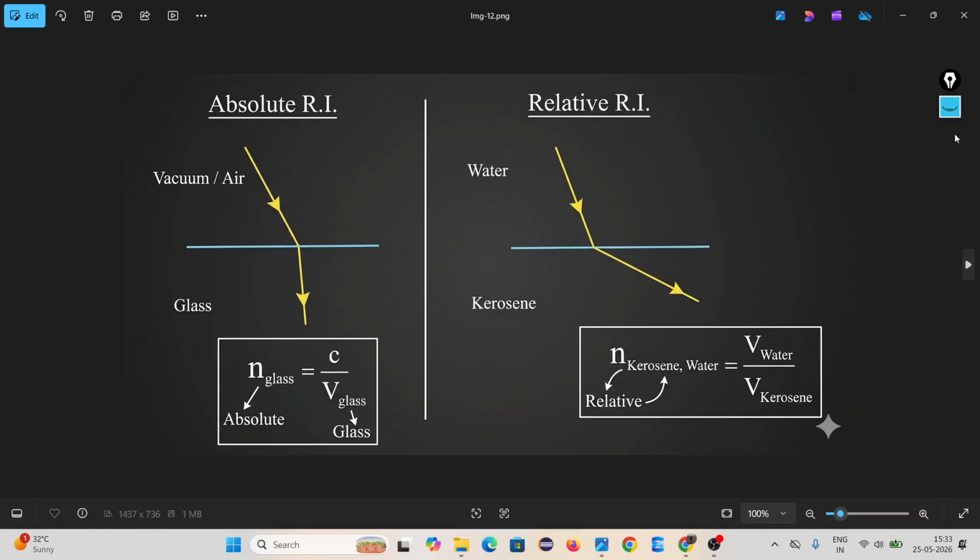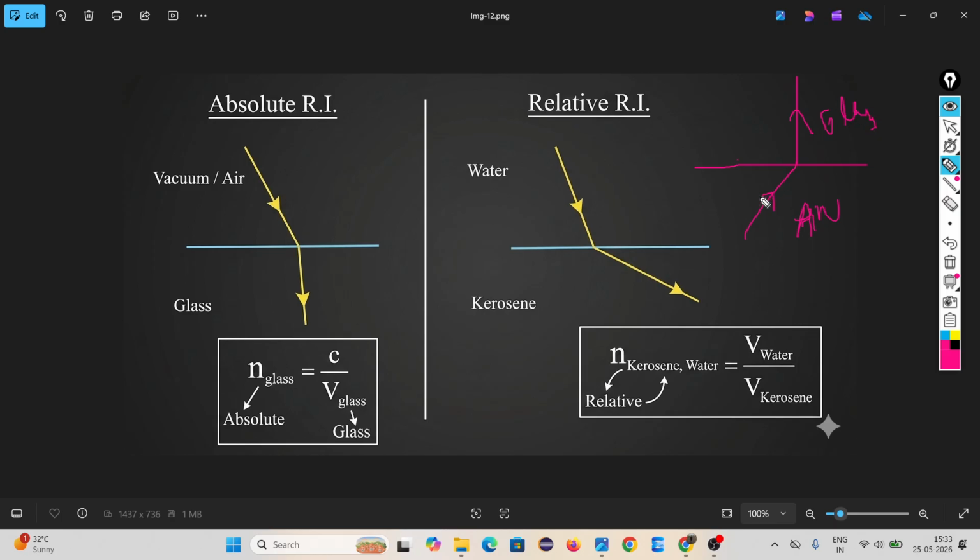Got it. Okay, I'm drawing one medium. Tell me. This is air. This is glass.